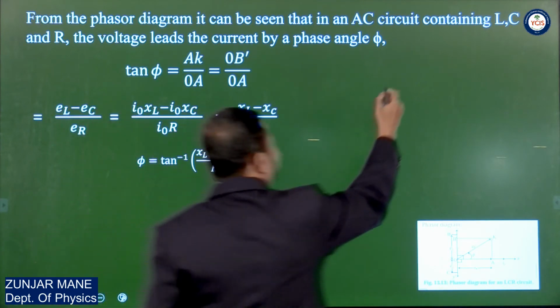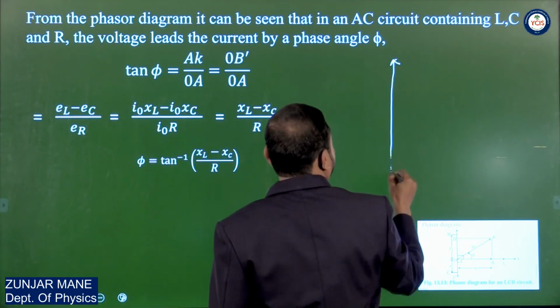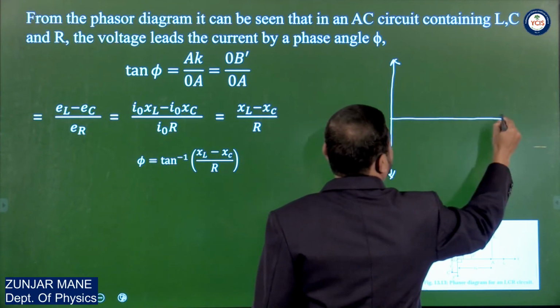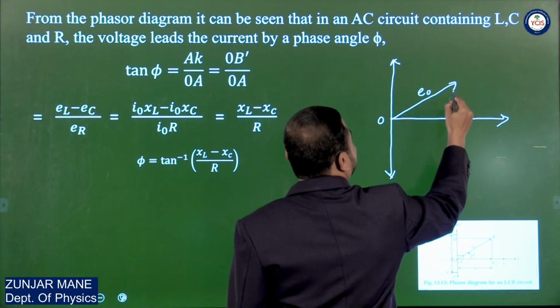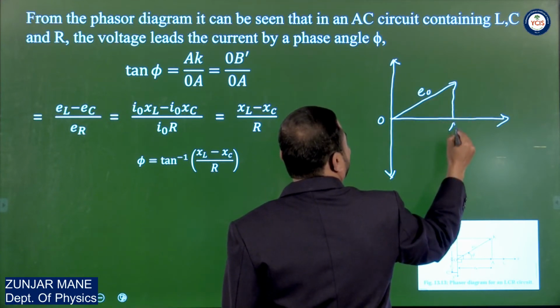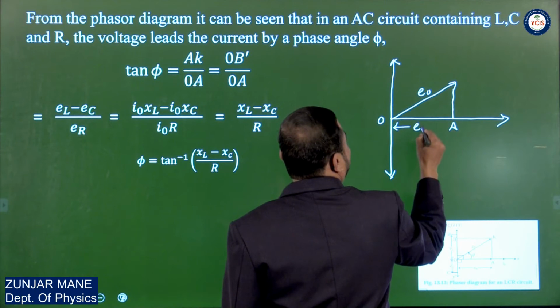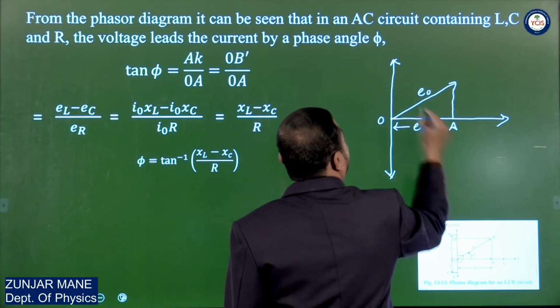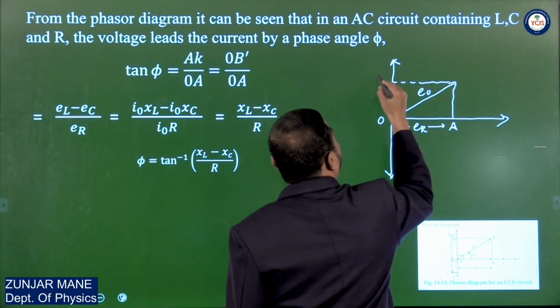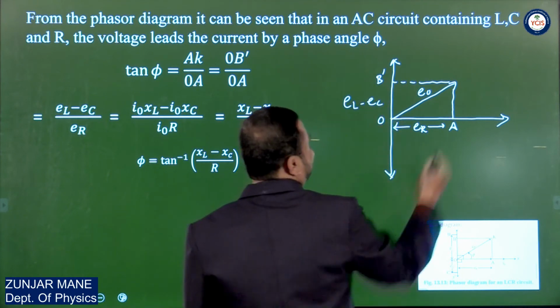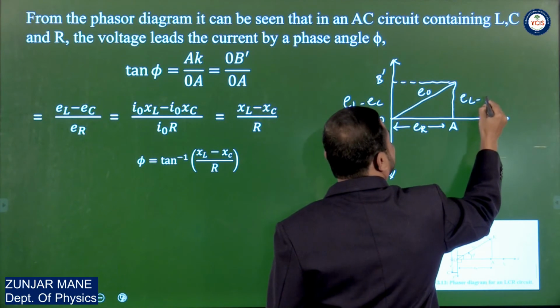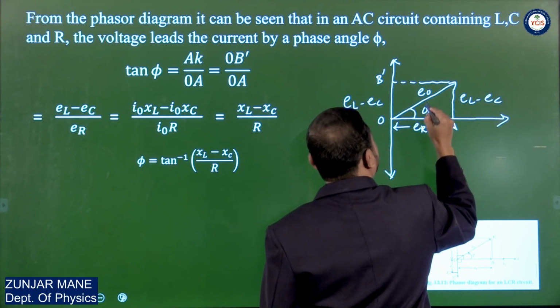So if we take the previous figure once again, suppose this is O, this is E0, and its projection OA is ER. This is OB dash, which is equal to EL minus EC, and this value is also EL minus EC, and this angle is phi.